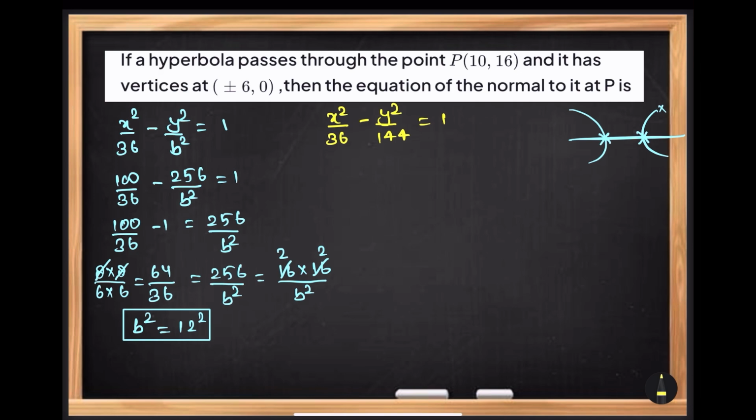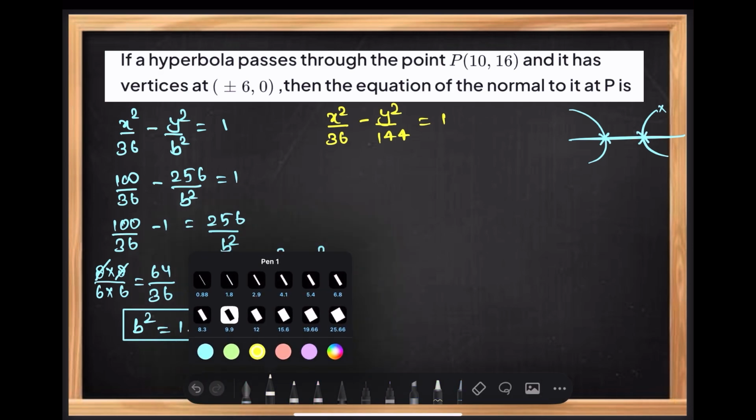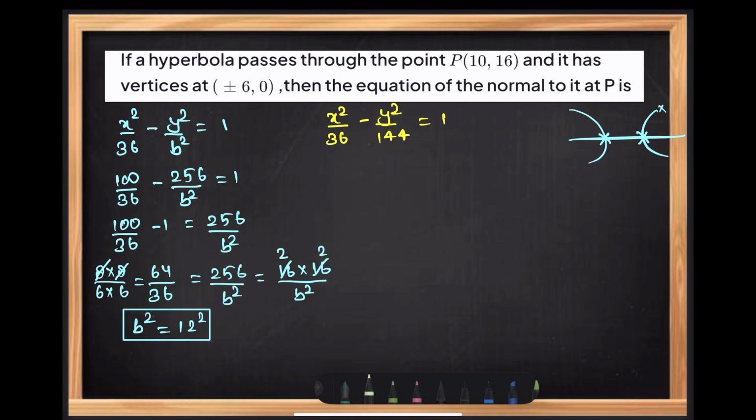You know that we cannot directly find the equation of the normal. For that, first we will find the equation of the tangent. So what we will do, we will put T equals 0.